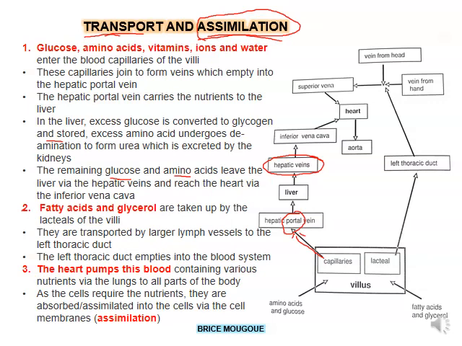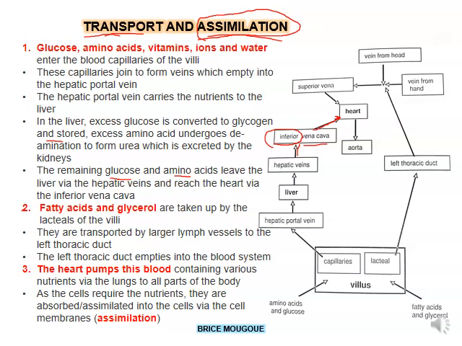Then from the liver, it will pass through the hepatic vein and it will then reach the heart, because that is the major organ that's going to distribute all these nutrients. It will reach the heart through a lower blood vessel that we call the inferior vena cava, that takes all these amino acids to the heart.